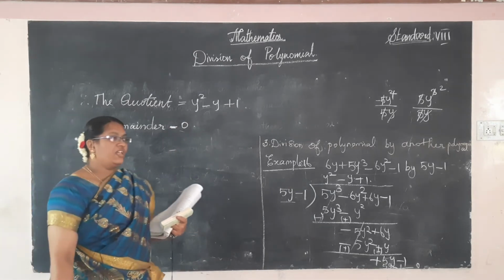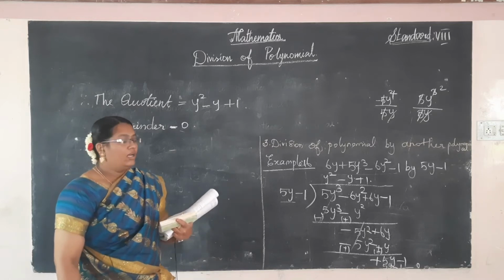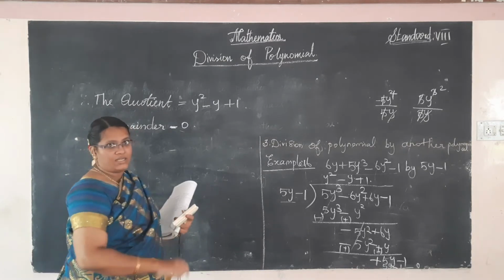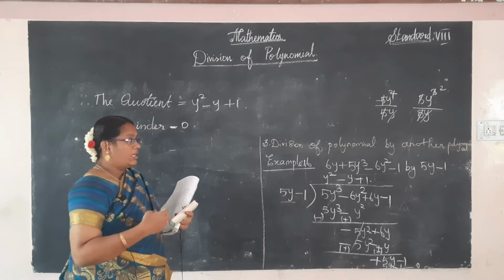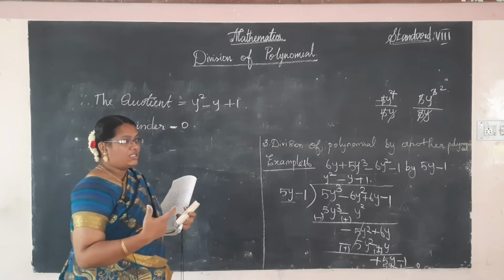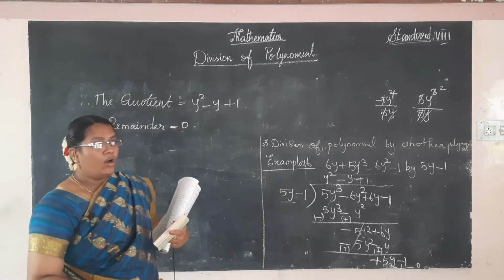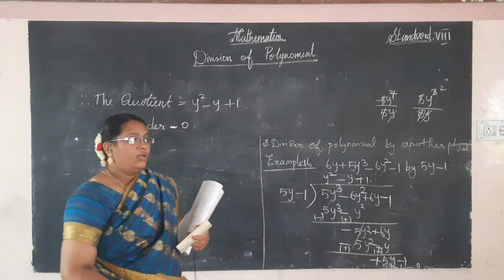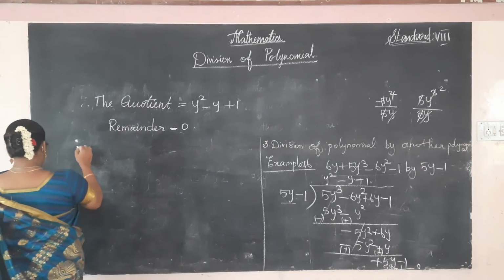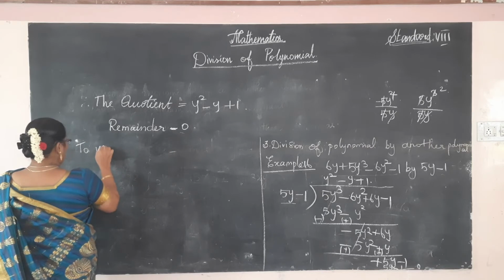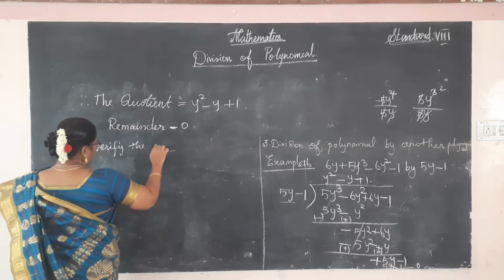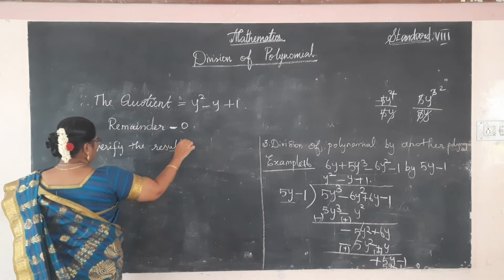In case verify is asked, we have to check whether the answer, that is the quotient, is correct or not. How can you find out? To verify the result, how can you check?